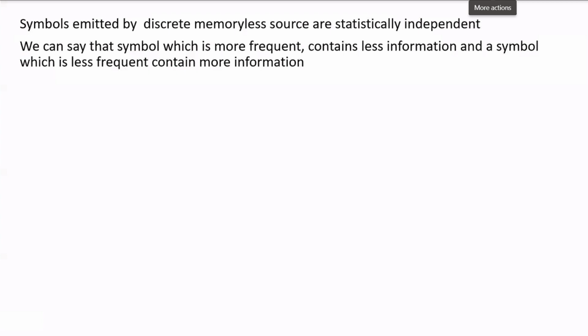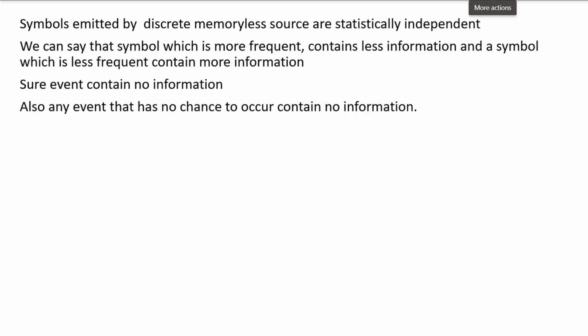That means the occurrence of a symbol does not depend on the preceding or next symbol. A symbol which is more frequent contains less information and a symbol which is less frequent contains more information. A sure event, with probability 1, contains no information at all. Also, any event that never occurs contains no information.